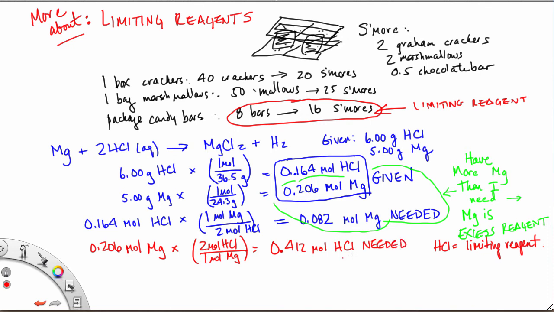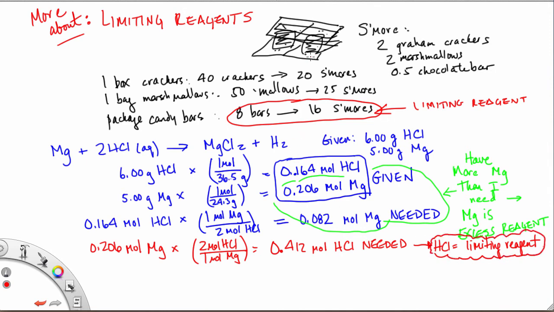And if I compare my needed quantity of HCl with my given quantity of HCl, okay, I need more HCl. I need 0.412 moles, but I only have 0.164 moles. I don't have enough HCl. And so that reinforces that HCl is my limiting reagent.